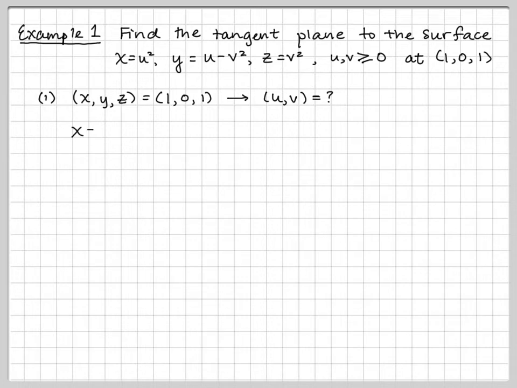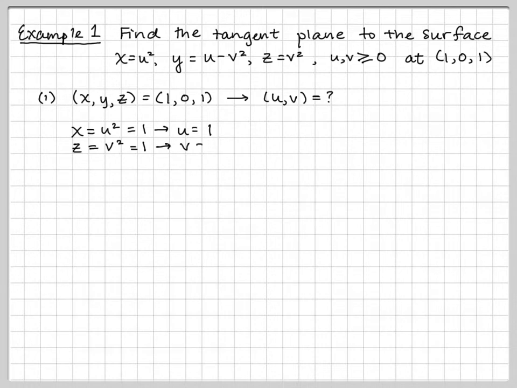We have x equals u squared, which is 1. So that means u could equal plus or minus 1. But because we've already said that u must be a non-negative number, we know that u is 1. And z, which is v squared, is also 1.